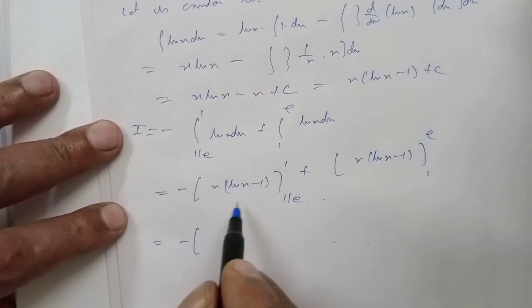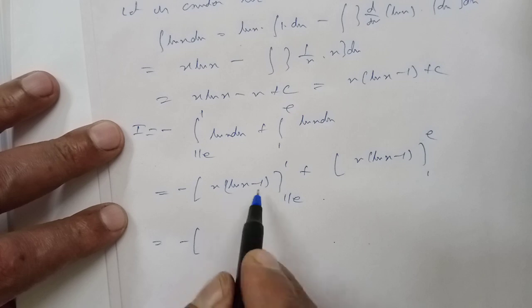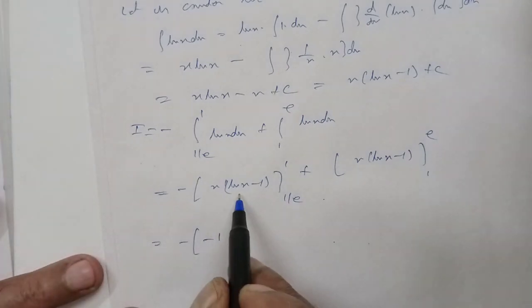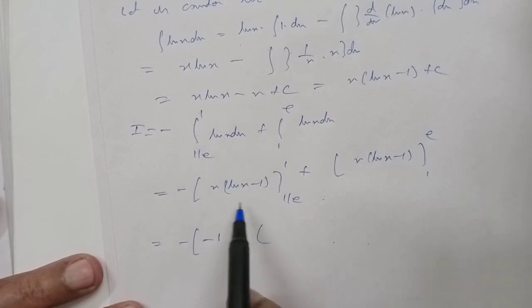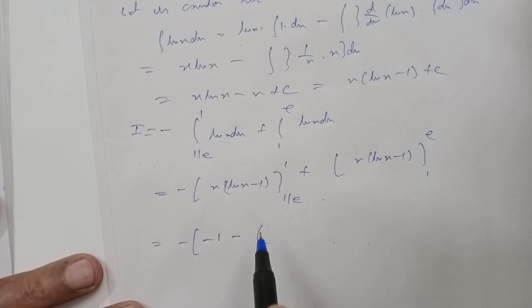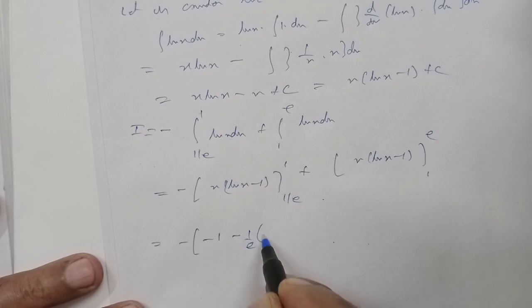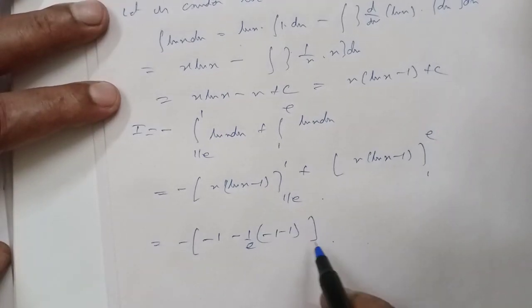Minus, put 1 first: ln 1 is 0, 0 minus 1, 1 into minus 1 is minus 1. Then minus, if you put 1/e, ln of 1/e is minus 1, again minus 1, okay, this is completed.